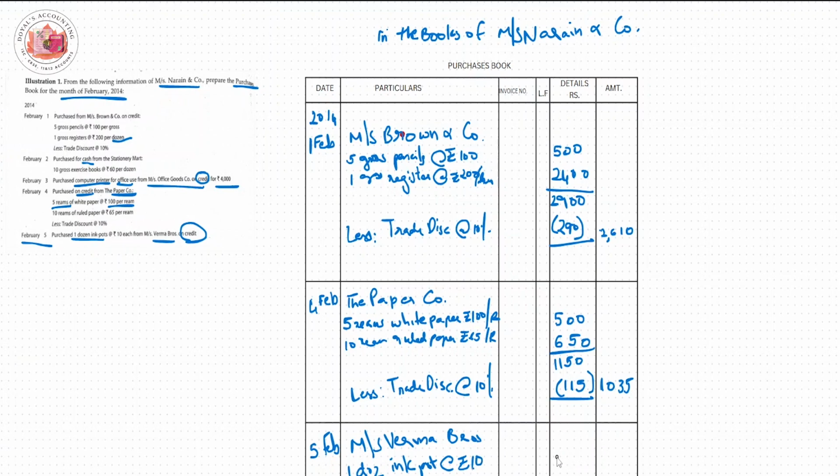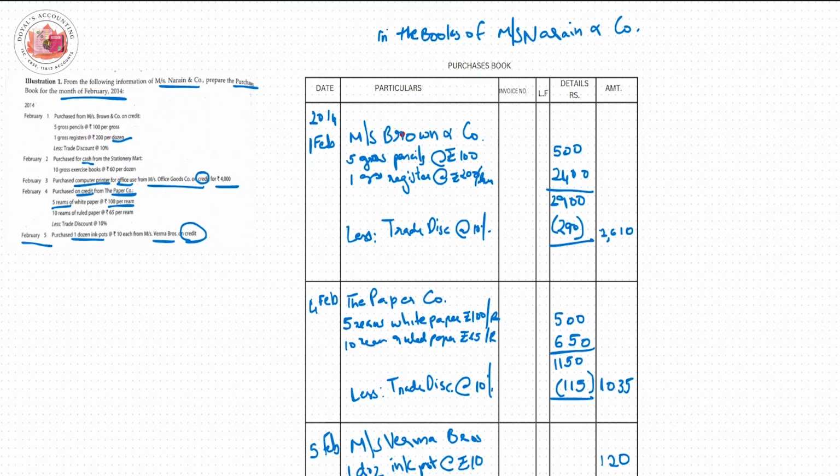1 dozen ink pots at rupees 10. So 10 into 12 will be 120, and we have not been given any trade discount, so we can directly write off the net amount of 120.